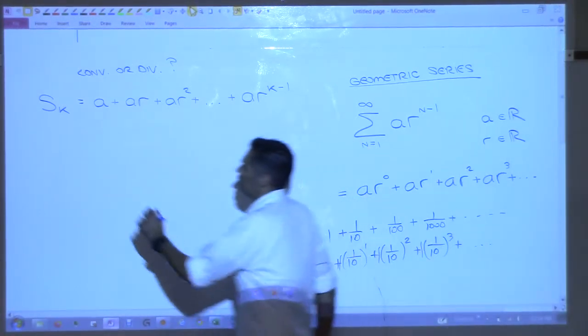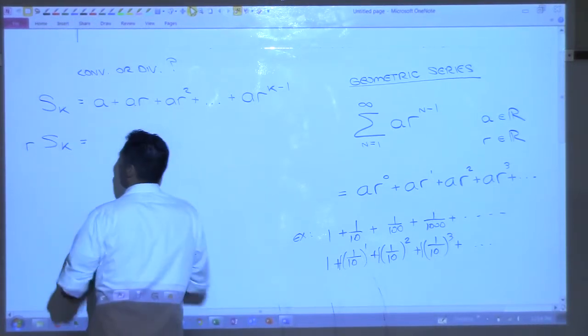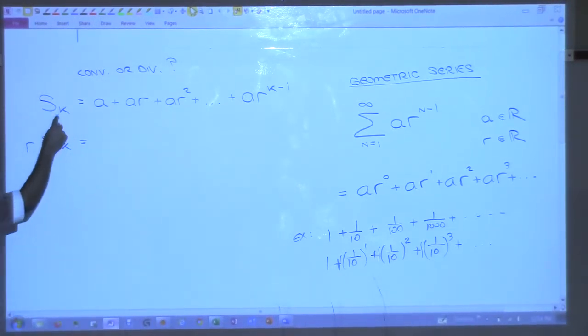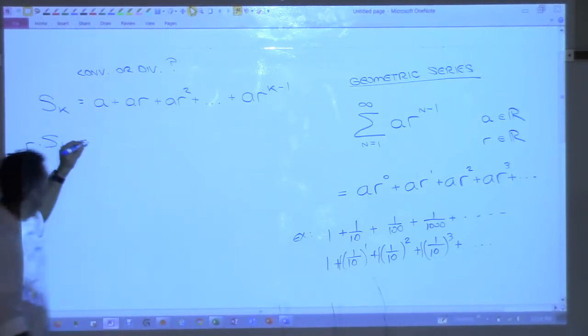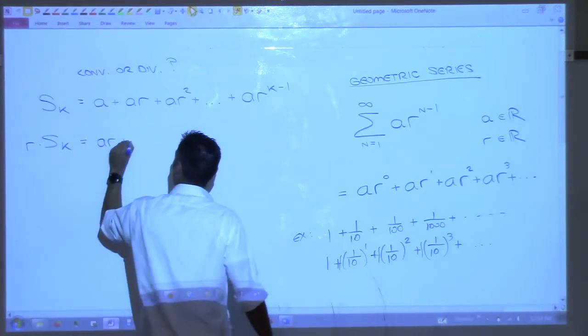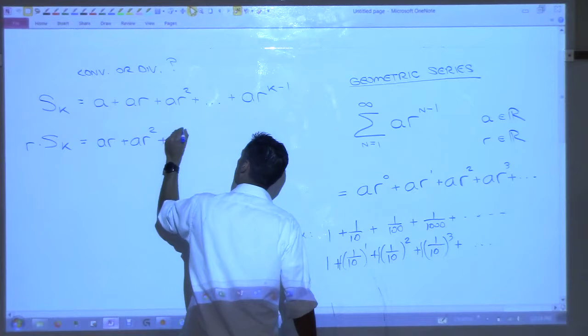So now what I'm going to do, I want you to take the kth partial sum, and I want you to multiply it times r. Why? Because it's going to work. Watch. Multiply by r. So what's a times r? AR. What's the next term? AR squared. What's the next term? AR cubed.